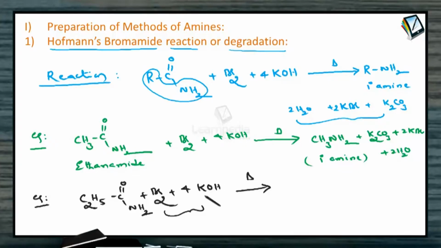Therefore this reaction is sometimes called the hypobromite reaction or Hofmann's bromamide reaction. The product of the reaction is C2H5NH2, ethylamine, ethanamine, and the bromines are given out in the form of KBr. The carbon will come out in the form of potassium carbonate and water is the byproduct. That's how primary amines can be made by using Hofmann's bromamide reaction.